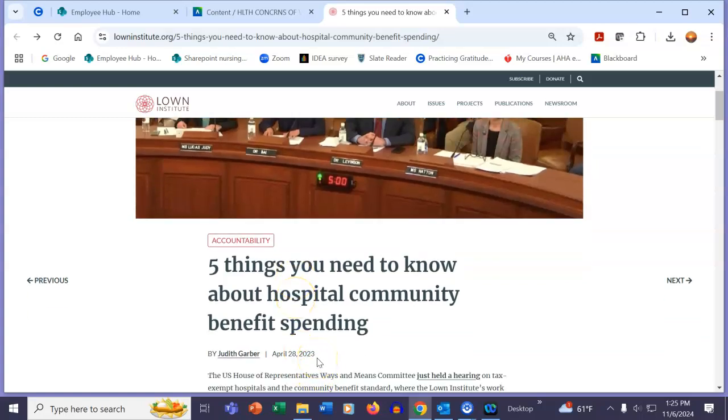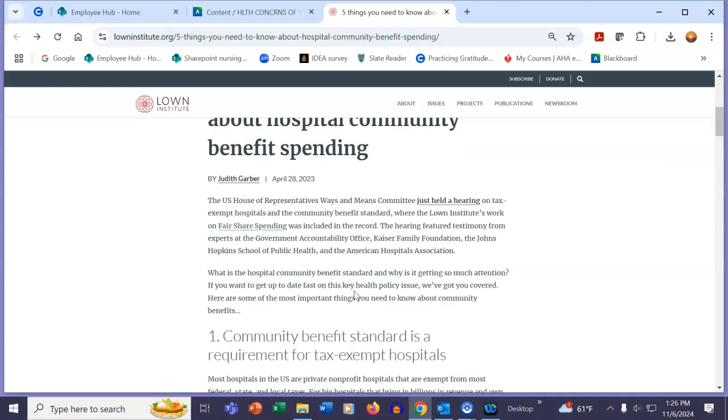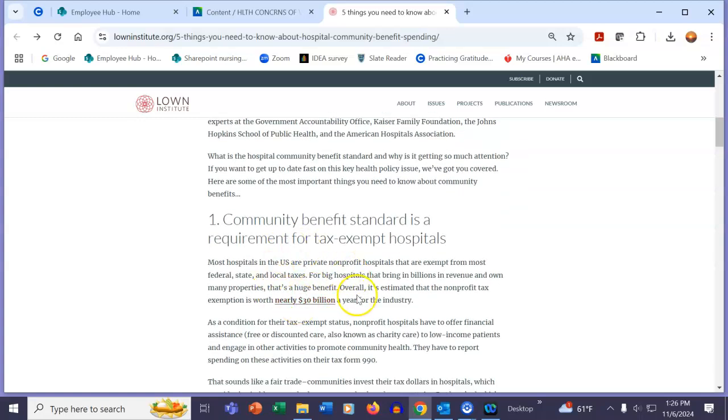They published in 2023, 5 things you need to know about hospital community benefit spending. And some of it is really telling. So it starts off with what is fair share spending and what is hospital community benefits. So it starts off by explaining it to you. A nonprofit tax exemption is worth nearly $30 billion a year for the industry.